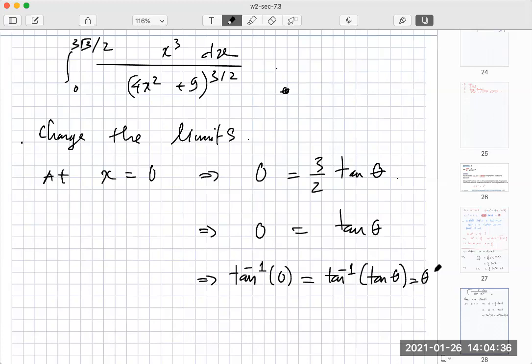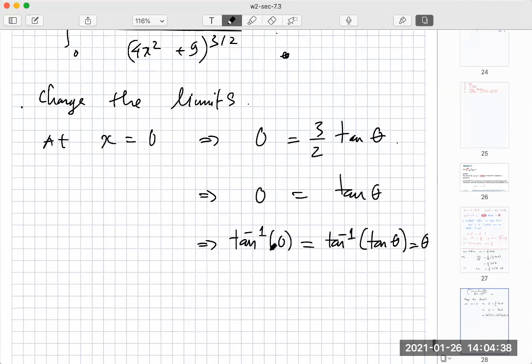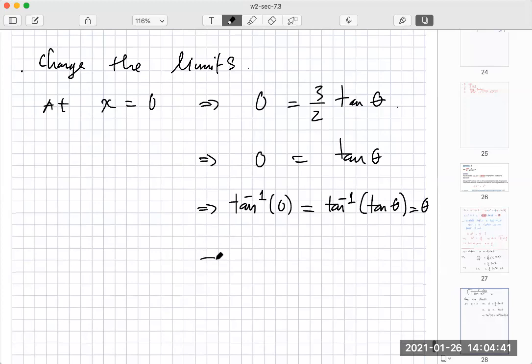So what is tan inverse of 0? 0. Yes. Thank you. So therefore, theta will be 0. Very good. That is the lower limit.